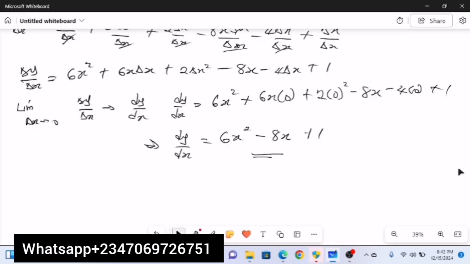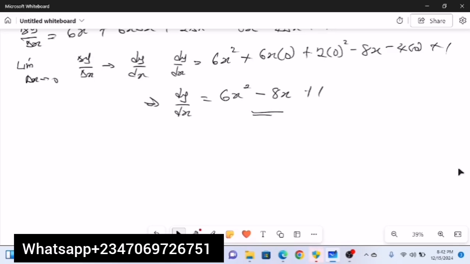Now let's prove this answer using the power rule. So we have y to be equal to 2x to the power of 3 minus 4x squared plus x.